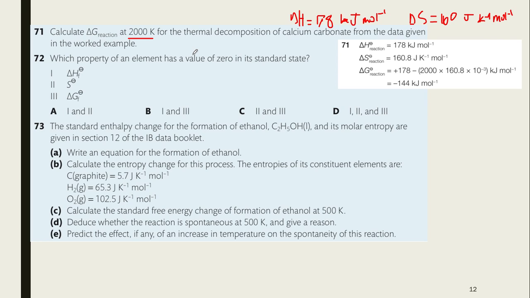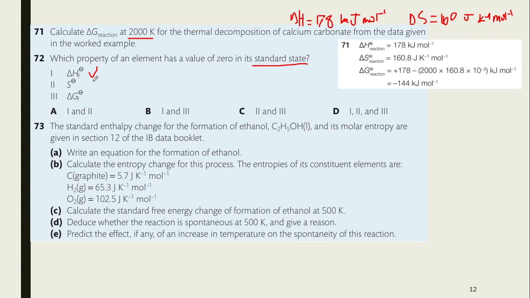Number 72, which property of an element has a value of 0 in its standard state? Okay, which ones have zeros when elements are in their standard state? Well, we talked before about enthalpy of formation. That was a definite yes. Entropy was different.